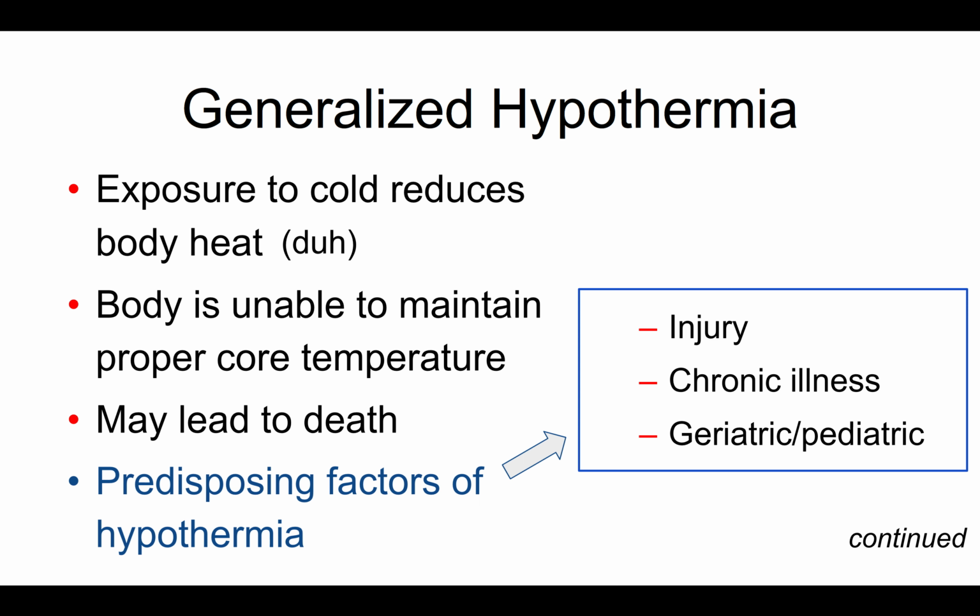So patients, for example, in car accidents, etc., need to be kept warm, especially in winter or colder months. Any chronic illnesses also reduce your ability to respond to cold. And in general, geriatric patients are less able to keep themselves warm, and pediatric patients, while they have a good metabolism, are smaller, and their ratio of body surface area to mass is greater, and so they lose heat faster.